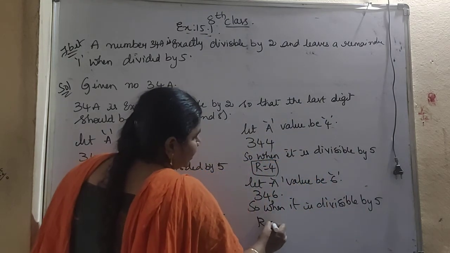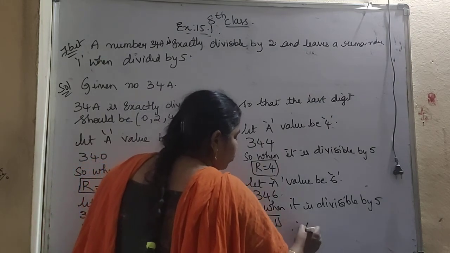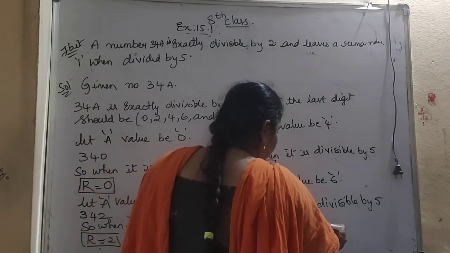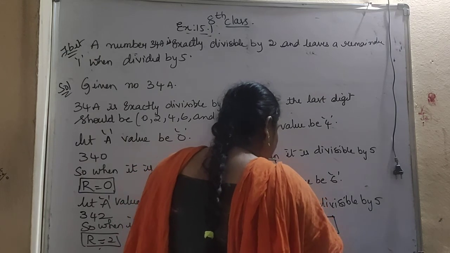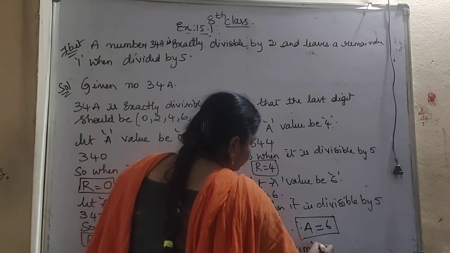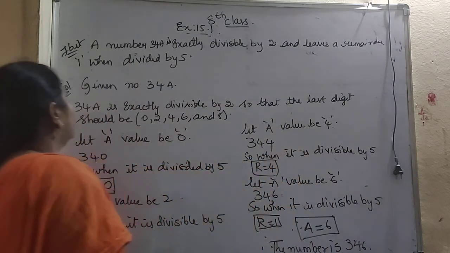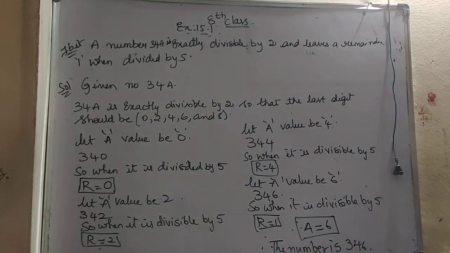In this case, you get the remainder as 1. So what is the a value? Therefore, a is equal to 6. Therefore, the number is 346. So this is our 7th bit solution.